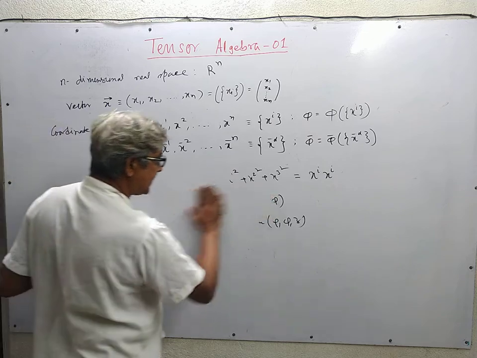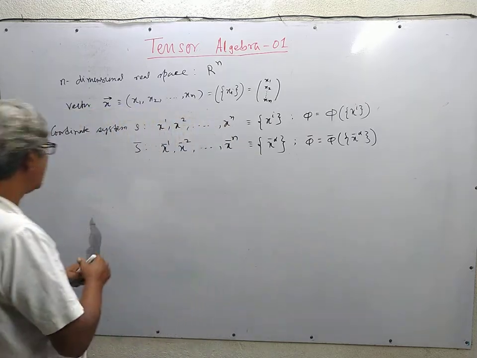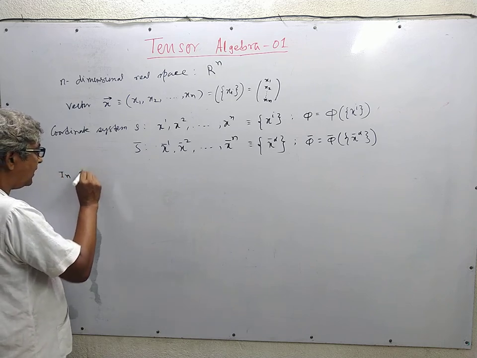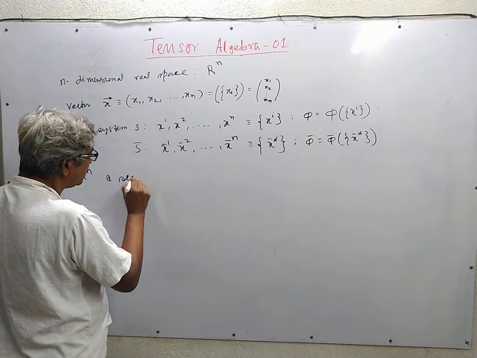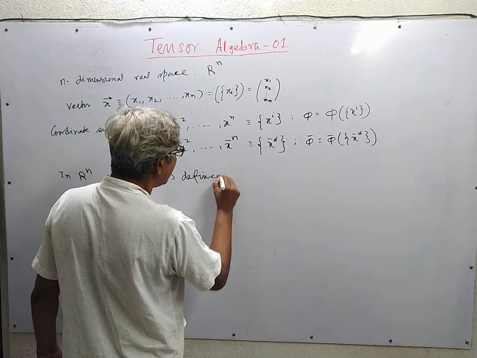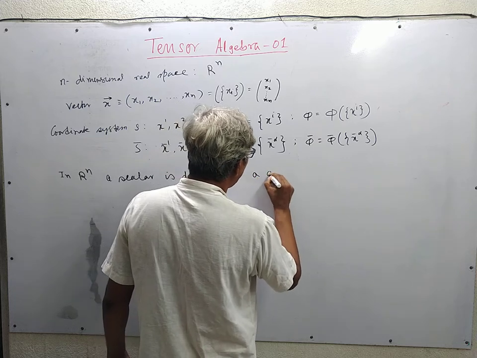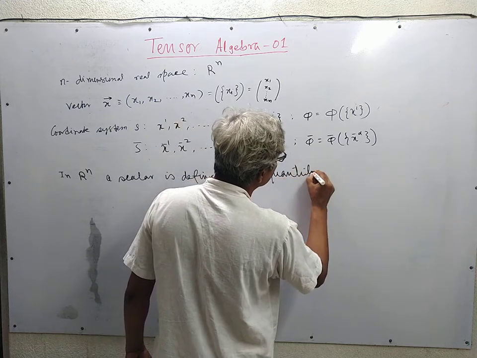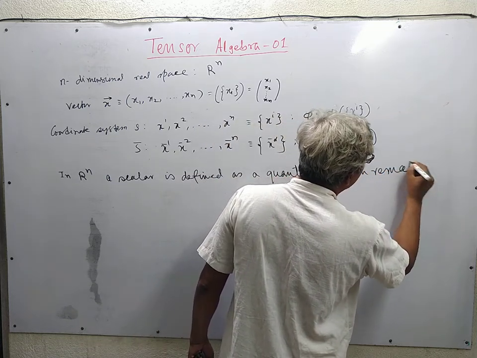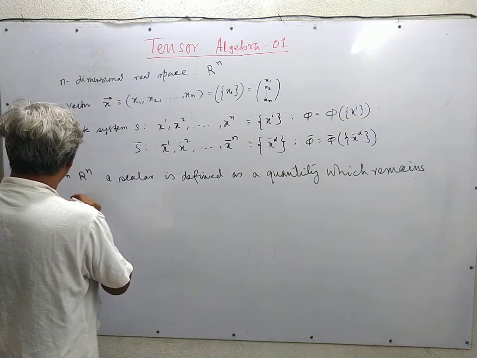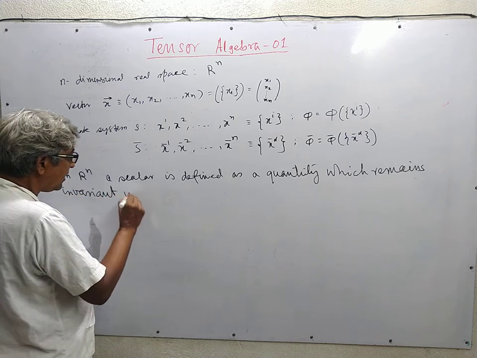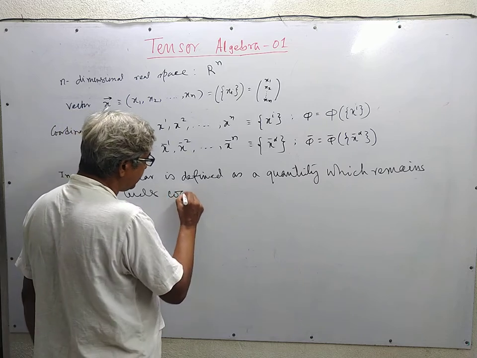That is, in Rn, a scalar is defined as a quantity which remains invariant under coordinate transformation.